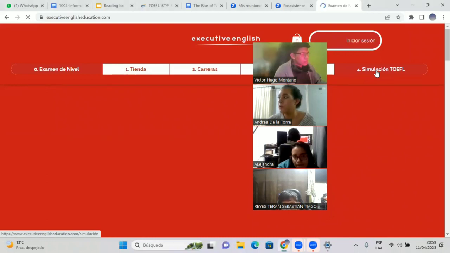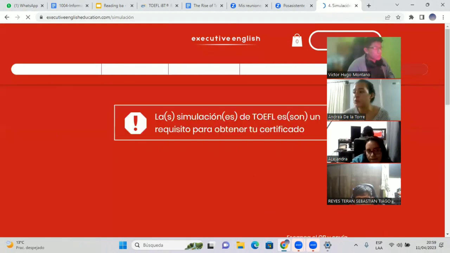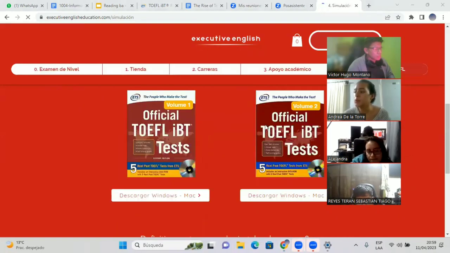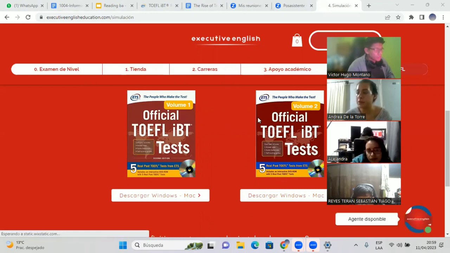If you go there, you will find 2 programs that you can run on your computers. And you have the tutorial on how to run the programs and how to install them and everything that you need to do. And in these 2 softwares, you have 5 complete tests in each software. So that makes a total of 10 complete tests. And that's great material for you to practice because it's official from the ETS. So it means it's actually similar to what you have in the real test. And it's for free. So you can download those programs.